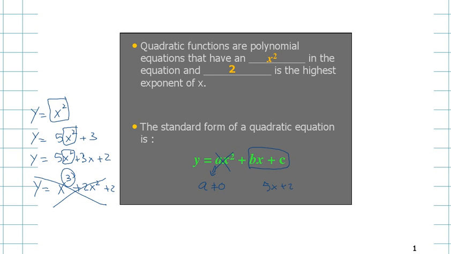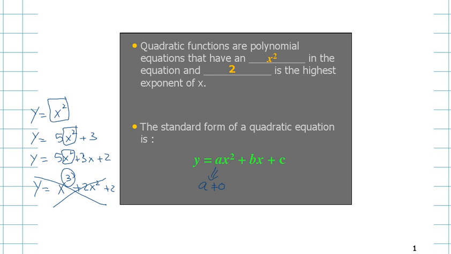Okay? So that's why I must have a value for a that's other than 0. It could be a decimal, could be a negative, could be a positive, could be a fraction, as long as it's not a 0. Okay? Are we okay with this? All right. Now, if the value of a is 0, what happens?